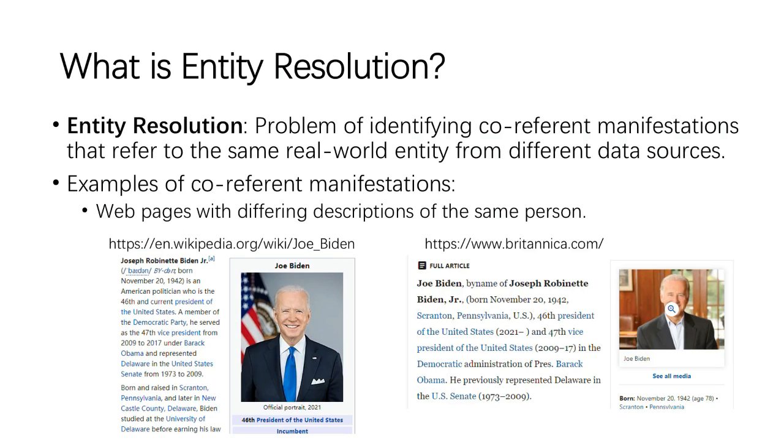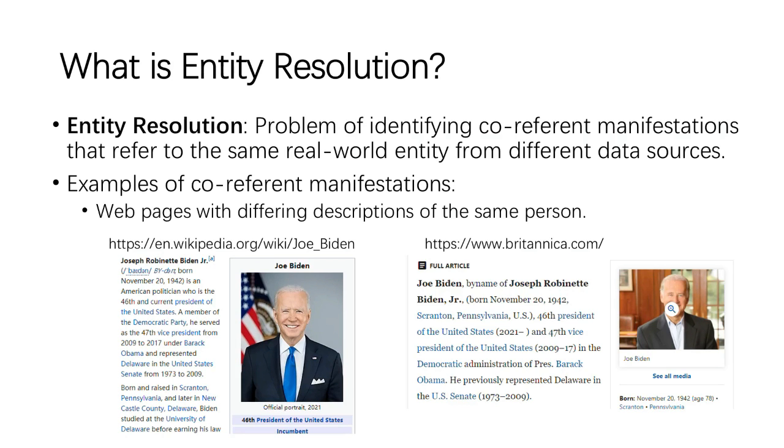As another example, let's look at two websites talking about the same real-world person, who is the current president of the United States, Joe Biden. Although the text is pretty small on this page, as you can imagine, the text descriptions talk about a lot of things in common, but not precisely identical word by word.